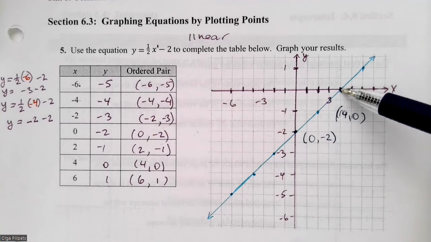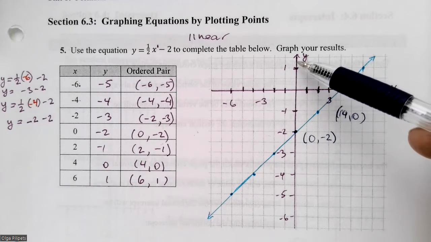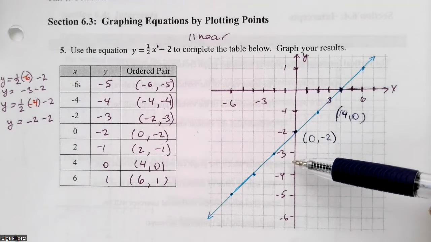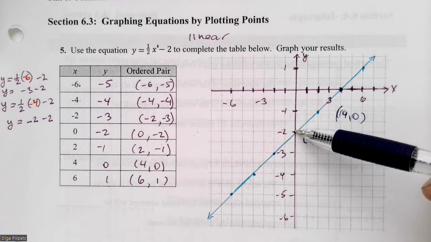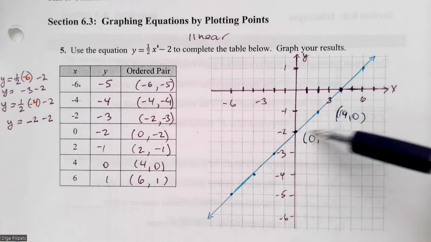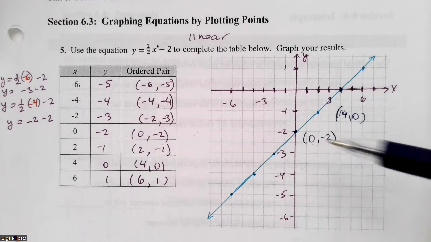It's exactly on the x-axis, so the y-coordinate is 0. For our y-intercept, it's a similar thing, only 0 is in place of x. Again, this point sits right on the y-axis, no movement left or right. So the x-coordinate is 0.